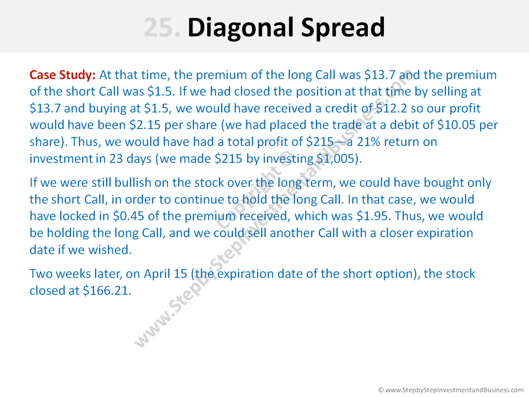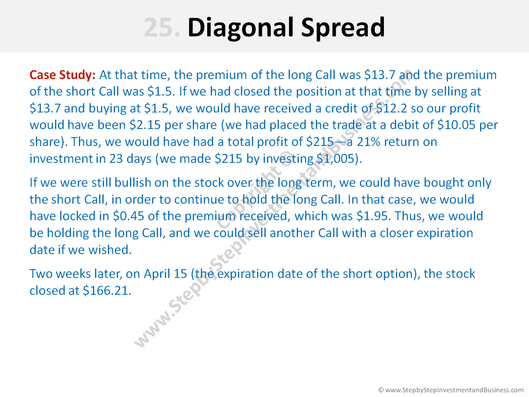At that time, the premium of the long call was $13.7, and the premium of the short call was $1.5. If we had closed the position at that time by selling at $13.7 and buying at $1.5, we would have received a credit of $12.2.